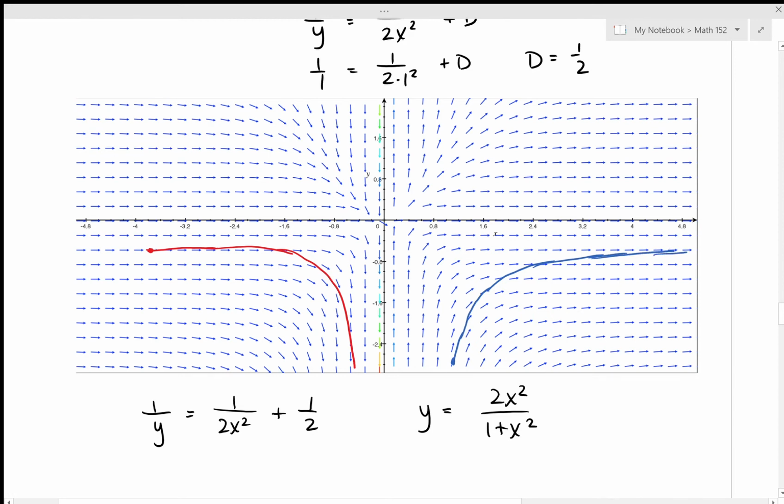Okay, so we can see that depending on your initial condition, you might end up in a wildly different finishing spot. And in this case, you're headed this direction, and in this case, you're headed in that direction. It's remarkably different.